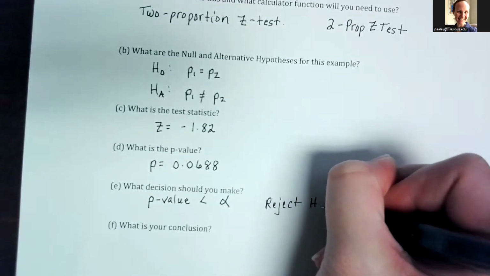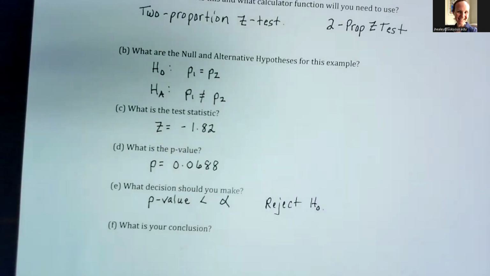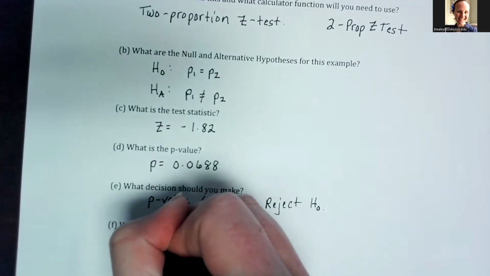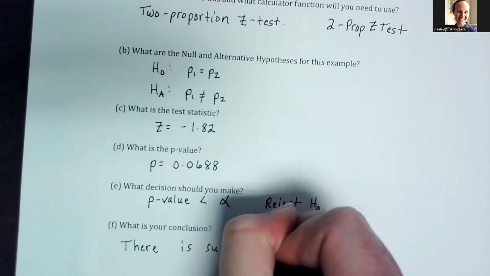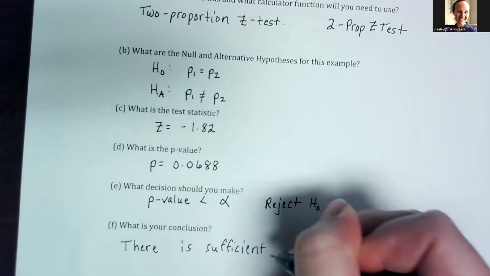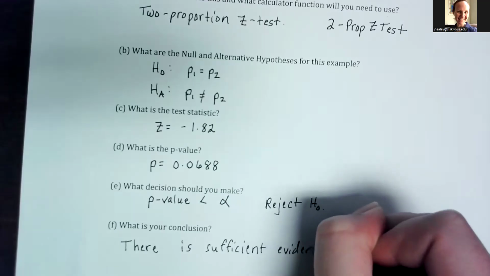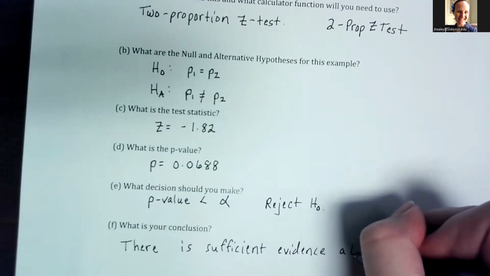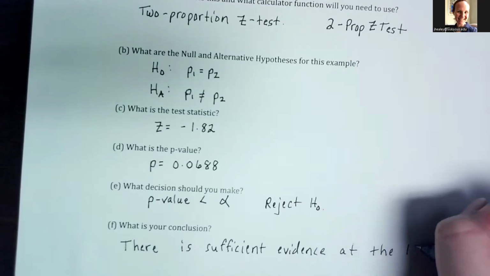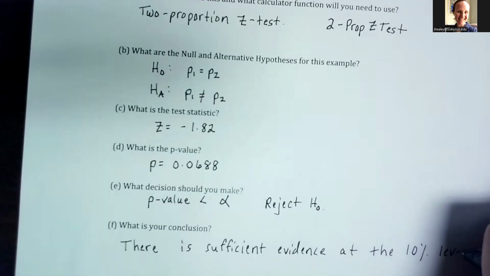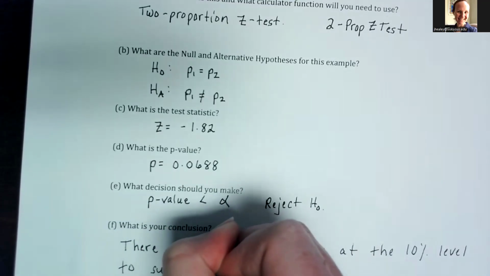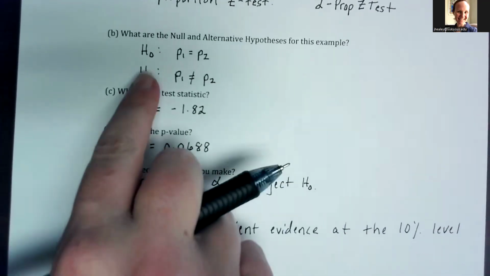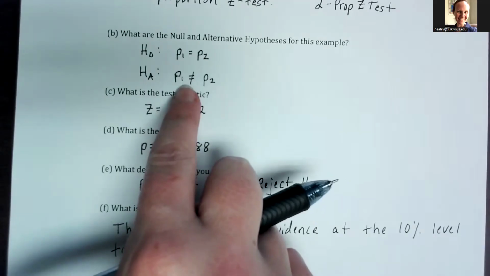the null hypothesis. And so if we are rejecting the null hypothesis, then we say there is sufficient evidence in this case at the 10% level to suggest, and then we go back to what we said in the alternative hypothesis, that there's a difference between those two proportions.